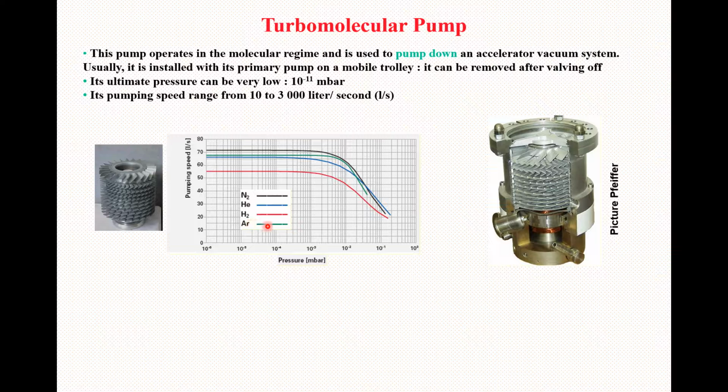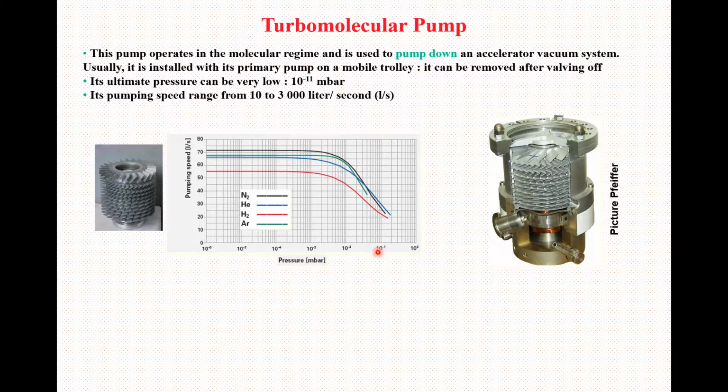You can see here the lines in color; the green line stands for argon. For argon gas, the pumping speed lies somewhere around 86 liters per second. Here you can clearly observe how, when the pump starts its function, the pumping speed initially increases rapidly.